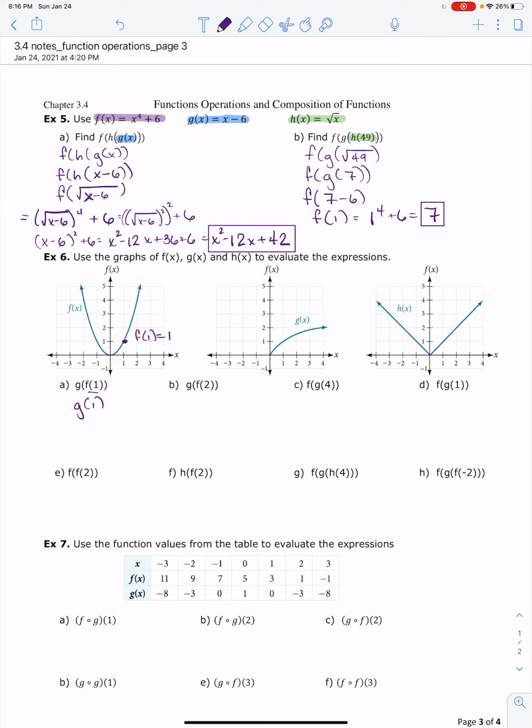So now we're looking for g of 1. So we go to function g at 1. I got g of 1 is 1. So we end up with 1.